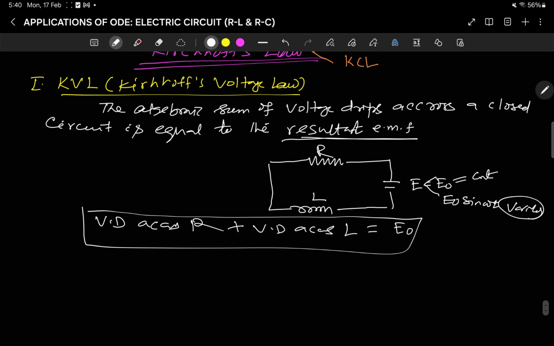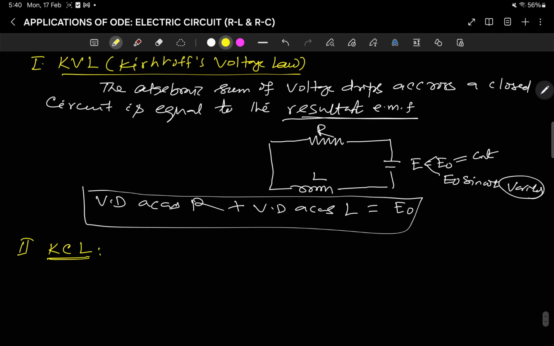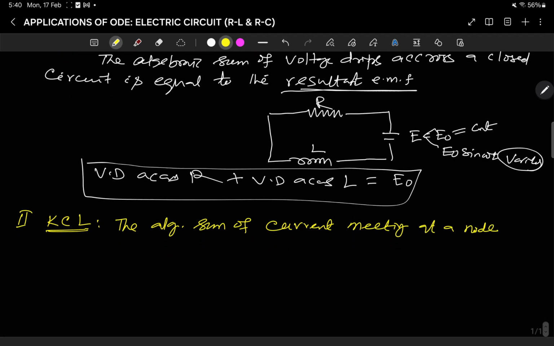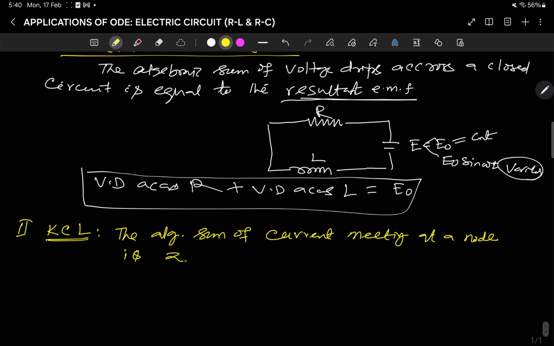Now coming to Kirchhoff's current law, KCL. The algebraic sum of currents meeting at a junction, or node, is 0.